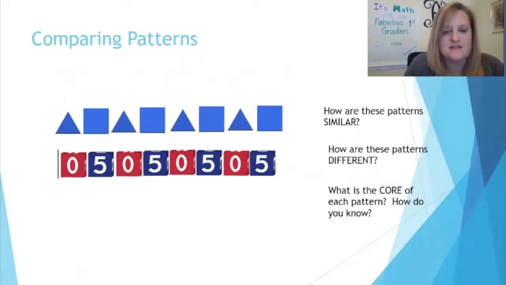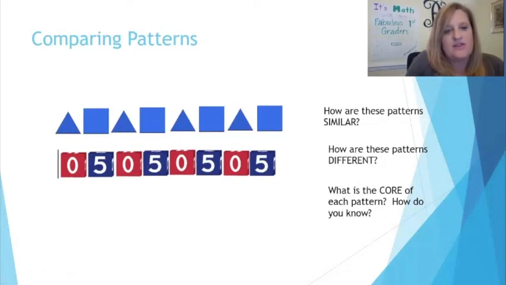Comparing patterns. How are these two patterns similar? Similar means the same. What's the same about these two patterns? Well, let's see. I have triangle, square, triangle, square, triangle, square, triangle, square. And then I have a number pattern, 0, 5, 0, 5, 0, 5, 0, 5.